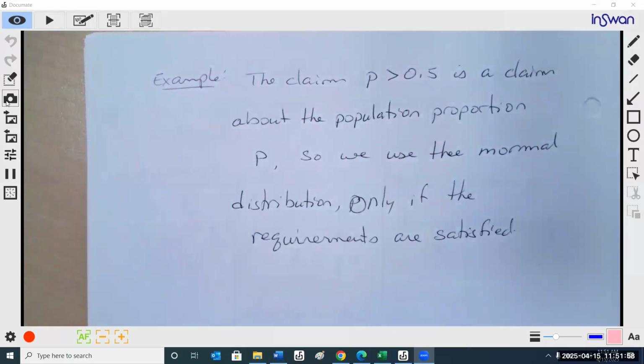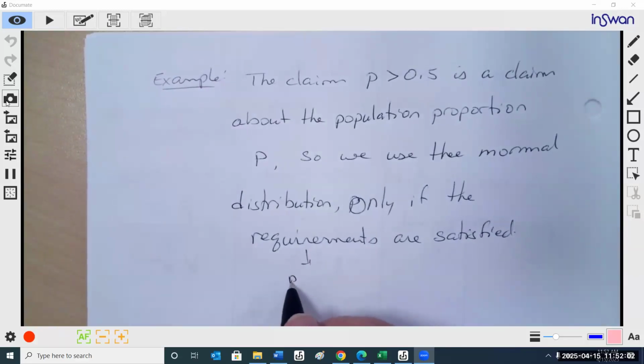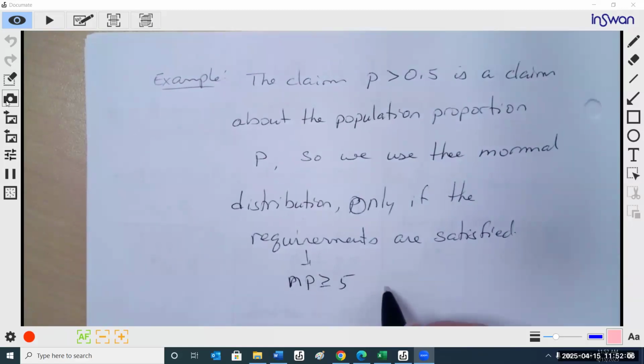The requirements we had in our list are n times p has to be bigger than or equal to 5, and n times q has to be bigger than or equal to 5.